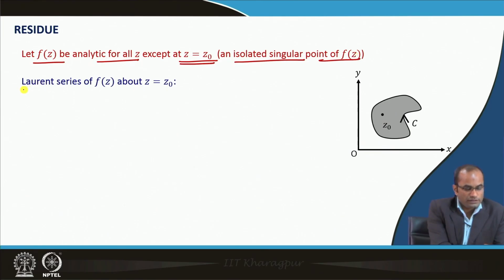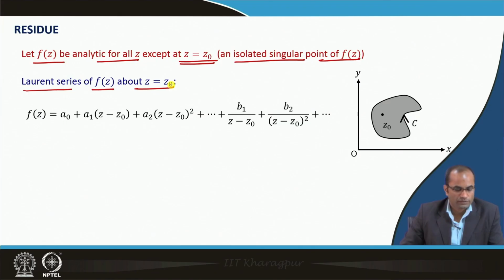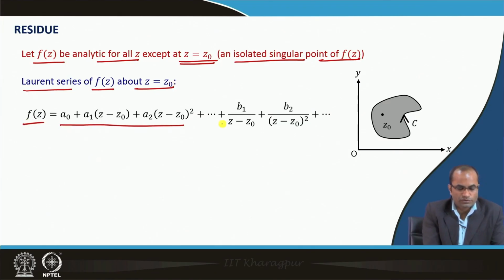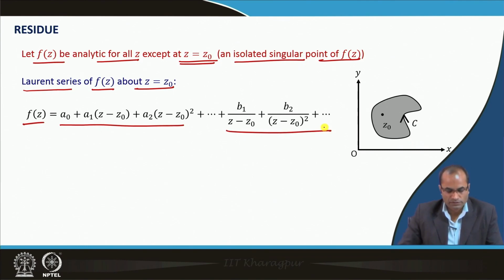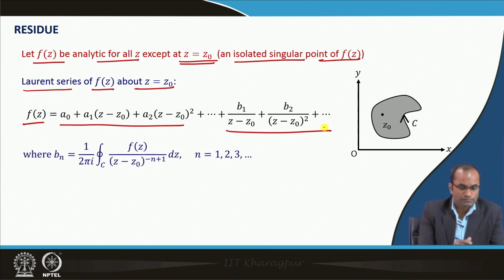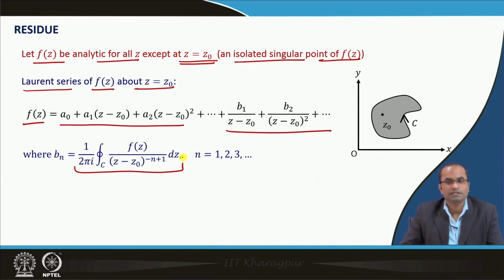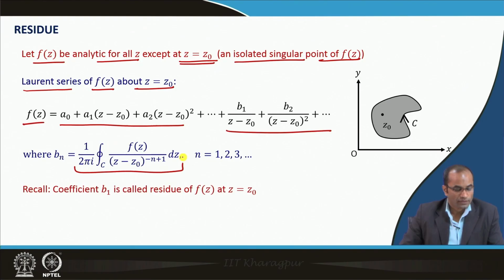The Laurent series of f(z) about z equal to z naught has positive powers and then negative powers, where this coefficient b n we can compute with the help of such an integral, which was already discussed when we covered the Laurent series.